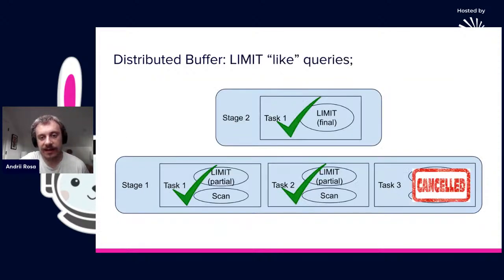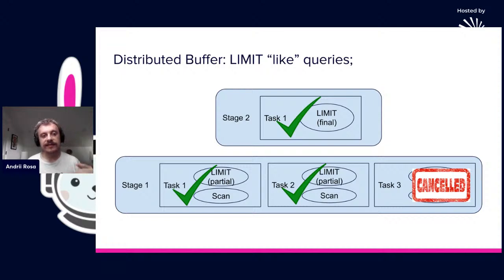On the importance of avoiding a full barrier, think of a limit query. Currently with Trino streaming, it can short circuit. So basically if a final limit sees that it received enough values, it can give a signal to the previous stage and say, okay, don't execute anymore, don't run it.